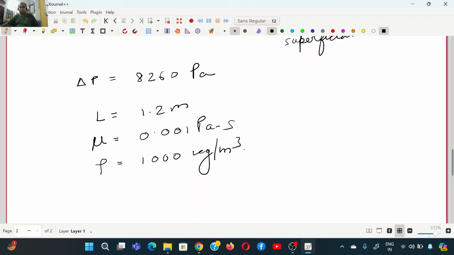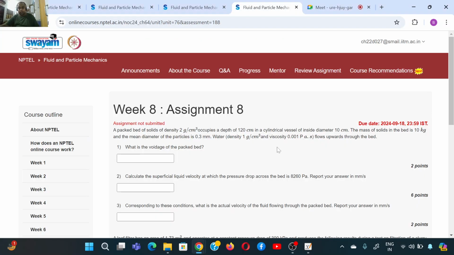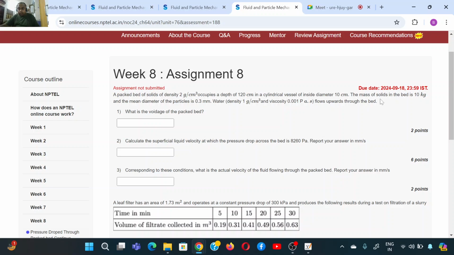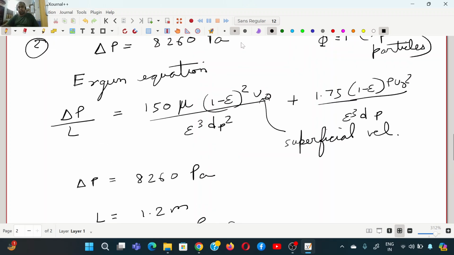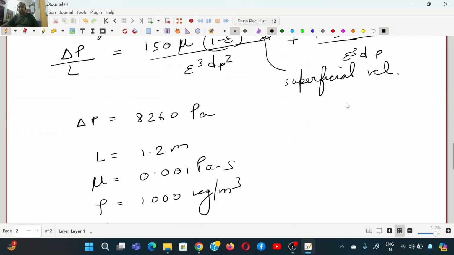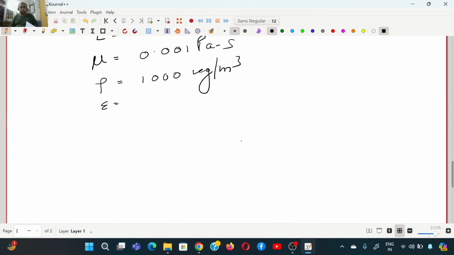Because the water flows upward, the density is the same and the viscosity is this. So everything is given. Epsilon we just calculated in the first question: 0.47. dP is 0.3 millimeter, that is 0.3 times 10 to the power minus 3 meter.